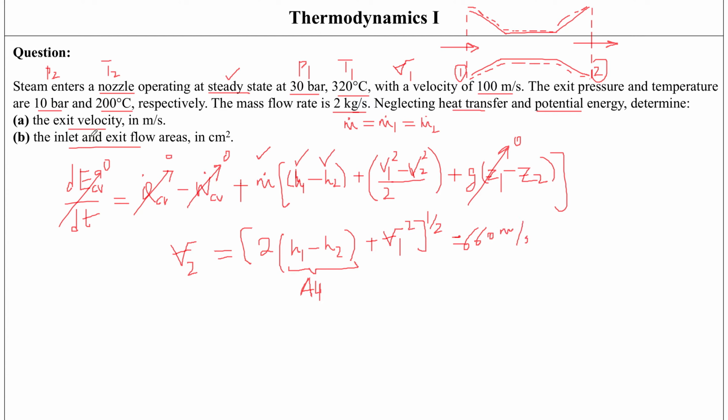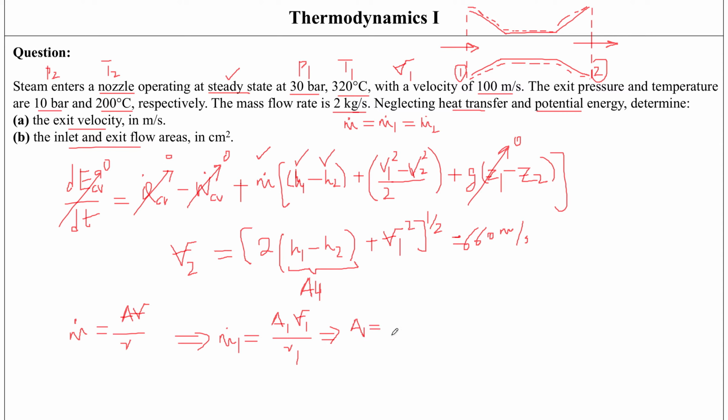And now that you've got this, you can find the inlet and exit flow areas. How are you going to do that? Because m dot is equal to area into velocity divided by specific volume. So you can use this exact same relationship for m dot 1, which gives you area at 1 into velocity at 1 divided by specific volume at 1, and from here you can find the area at the inlet.